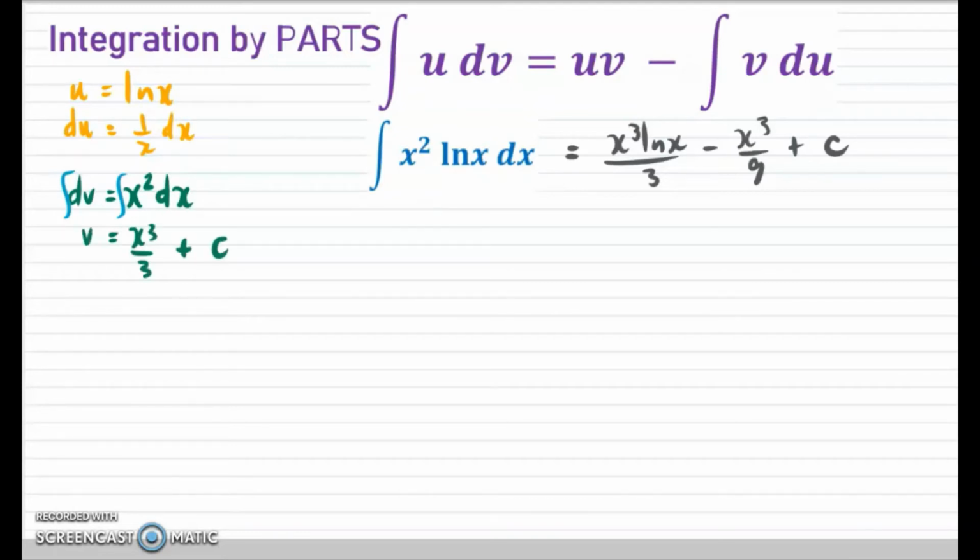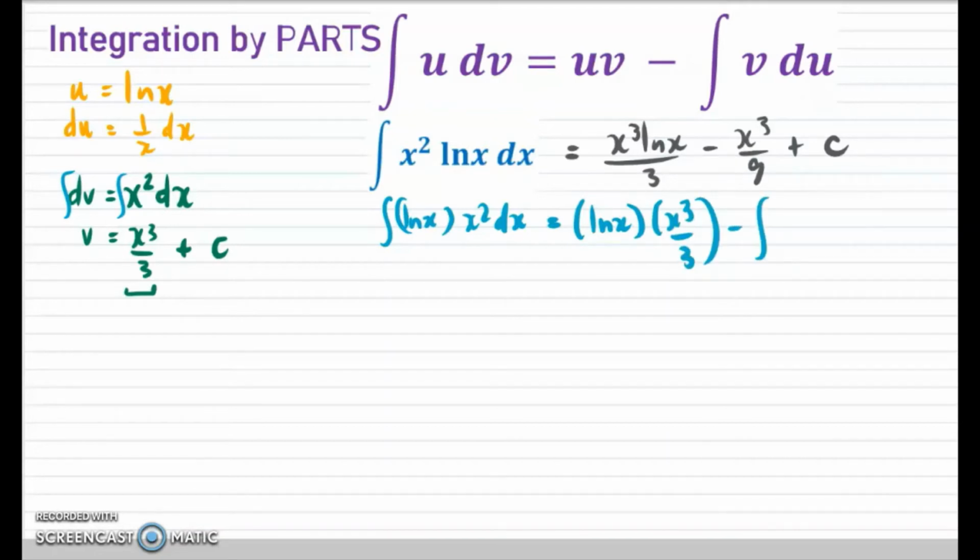But then again, this is the part that we will only need. So we have the integral of ln x times x squared dx equals, applying our uv, u is ln x, our v is x cubed over 3, minus the integral, again the v is x cubed over 3, and the du is 1 over x dx.